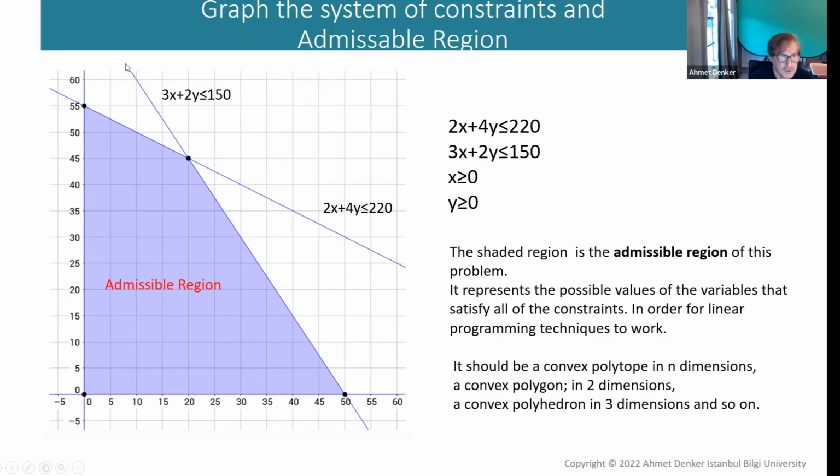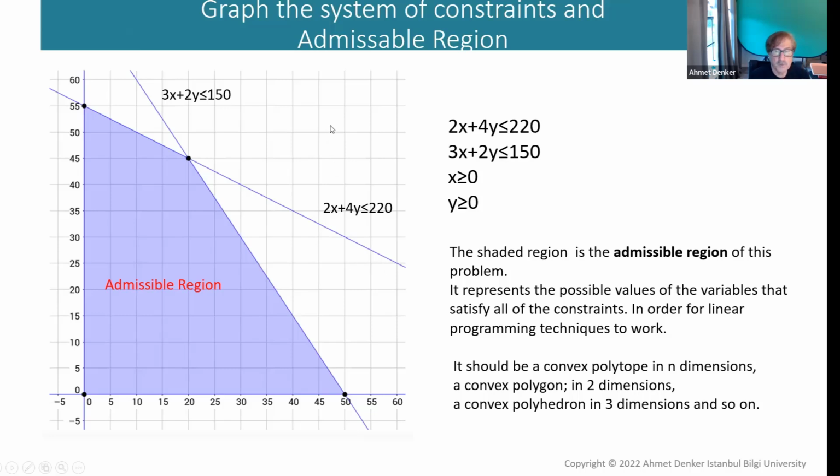It has boundaries. It has been limited by the vertical axis, the horizontal axis, and these inequalities, if I make them equal to 0, they give me two lines. One is 3x plus 2y minus 150 is equal to 0, which is this line, and 2x plus 4y minus 220 is this line.